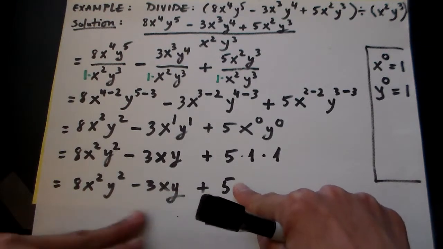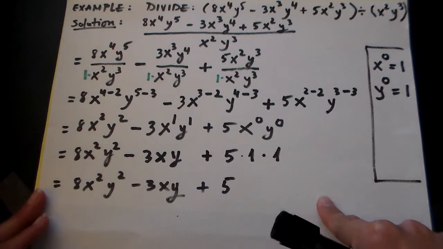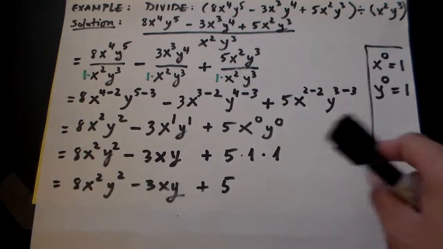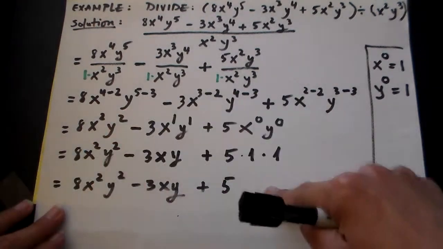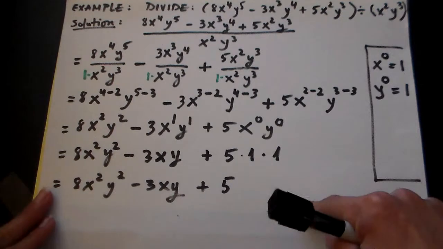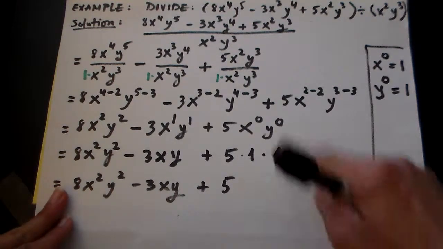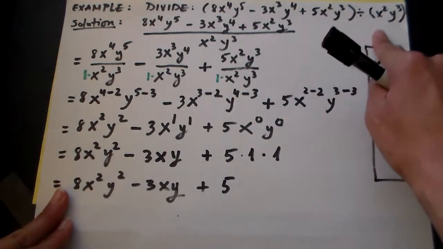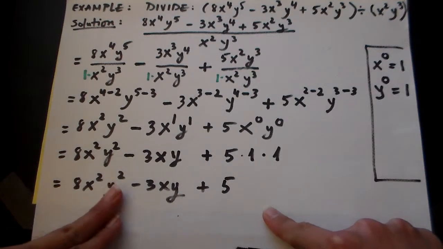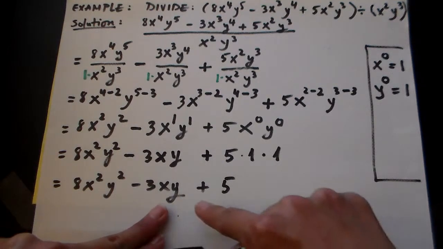You see the first 2 terms are not constant. So you know that these 3 terms are not like terms. Since there's no like term, you know that you're done. You cannot simplify anything further. So this is how you divide this polynomial by this monomial. And the answer is 8x squared y squared minus 3xy plus 5.